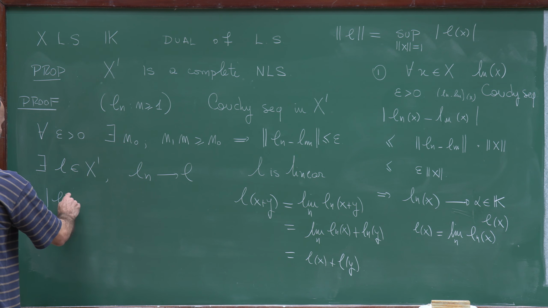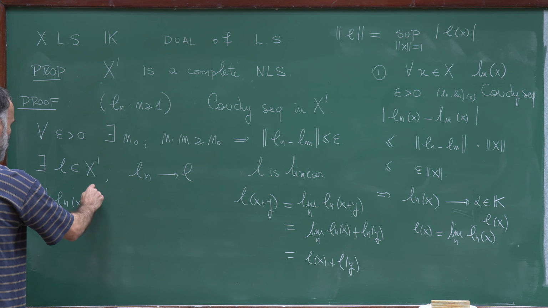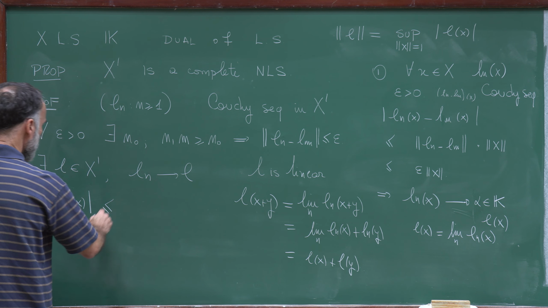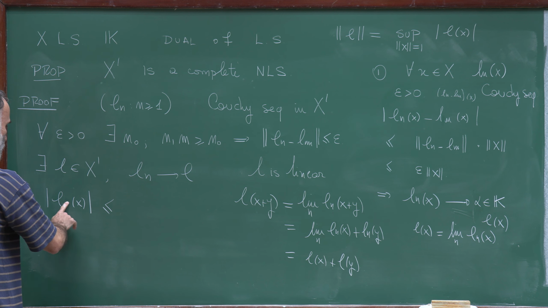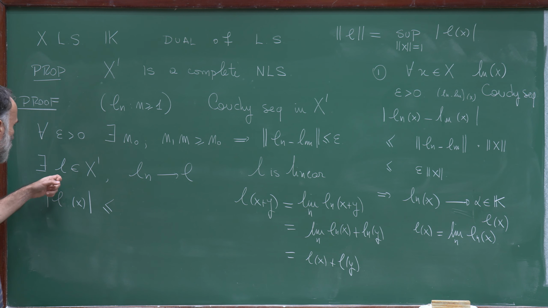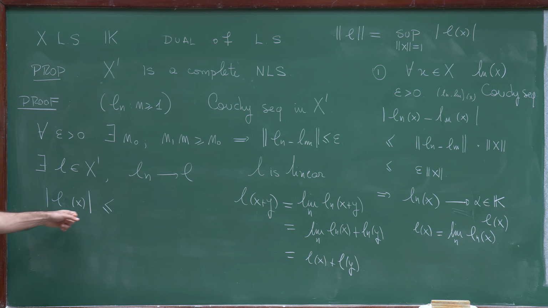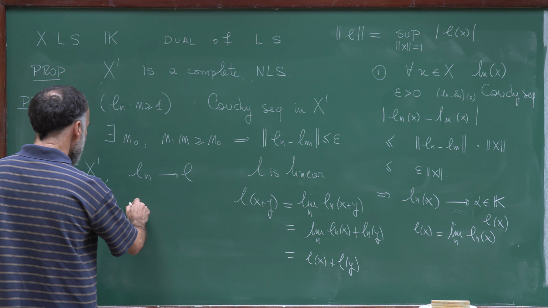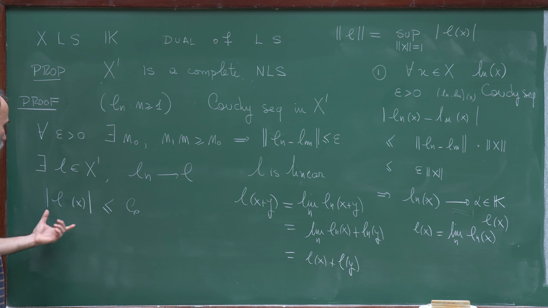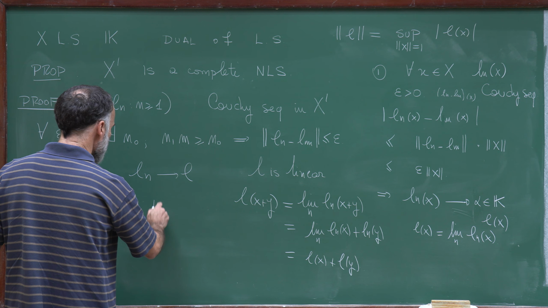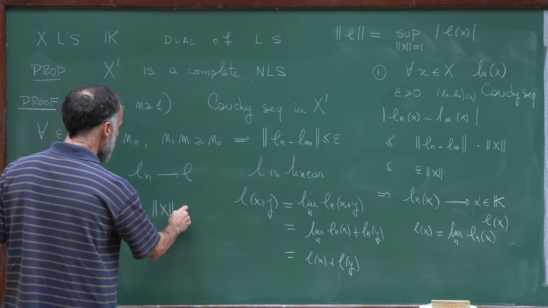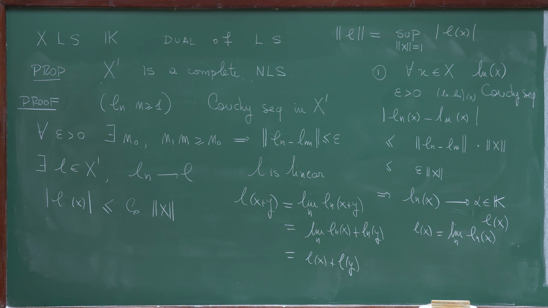So we want to prove that L is bounded, so that L is an element of X prime. So we need to prove the existence of a constant C0 for which the absolute value of L of x is bounded by this constant times the norm of x.